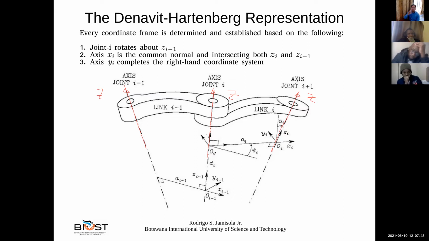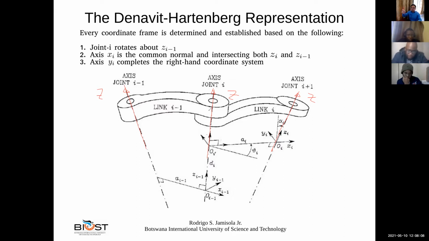My mistake was that I called this joint z i minus 1. It's not correct because this is joint i, and joint i rotates about that axis.